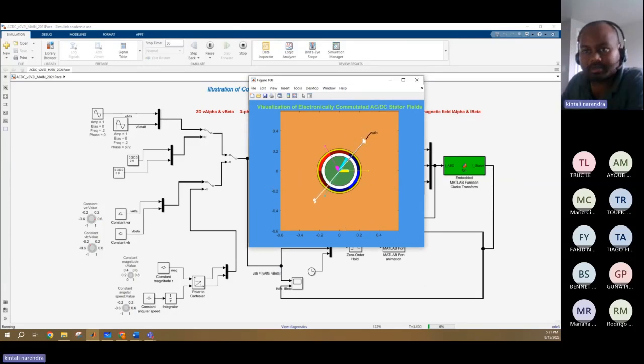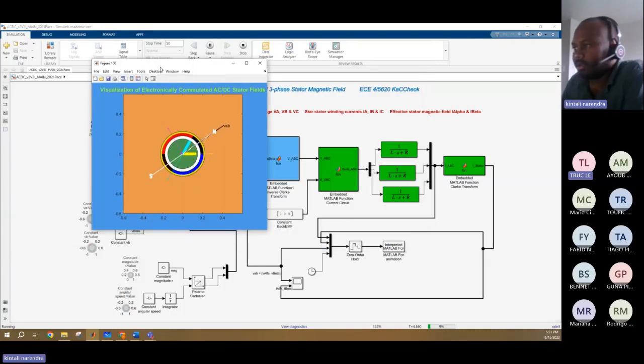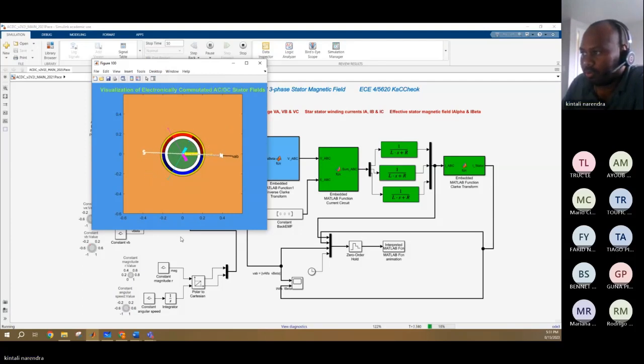Can you guys see the animation? So here there are three windings, one blue, yellow, and magenta. The three phases are 120 degrees apart from each other. As you move on in time, the amplitude of one phase will be dominant at one time, right?